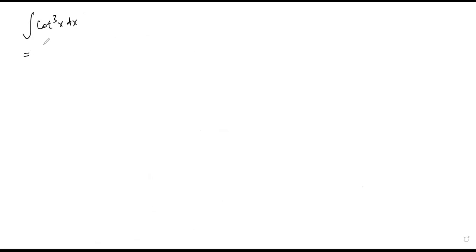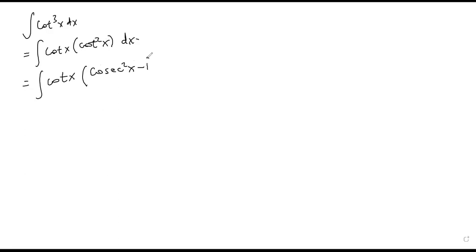this is the same as the integral of cot x cot squared x dx, which is equal to the integral of cot x into cot squared, which is the same as cosec squared x minus 1 dx.